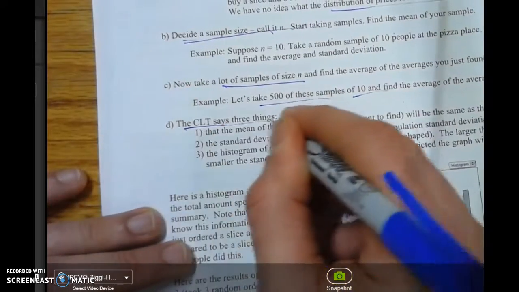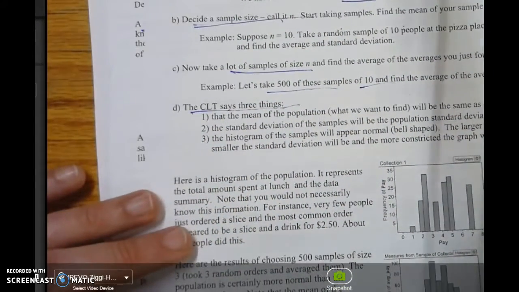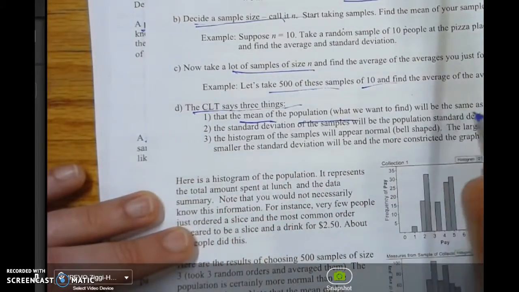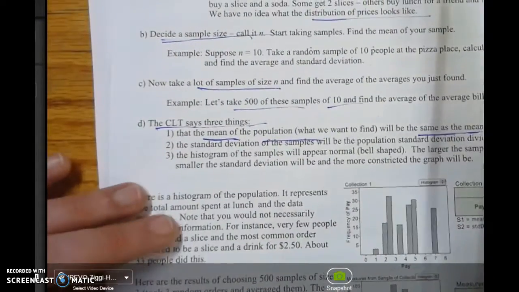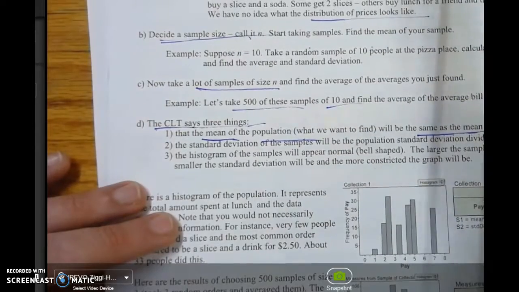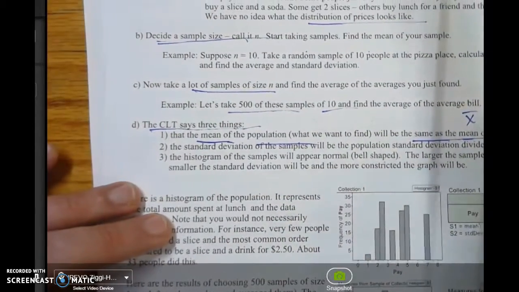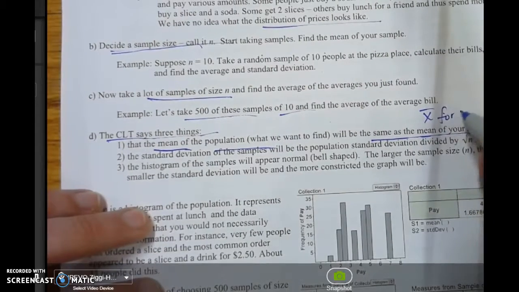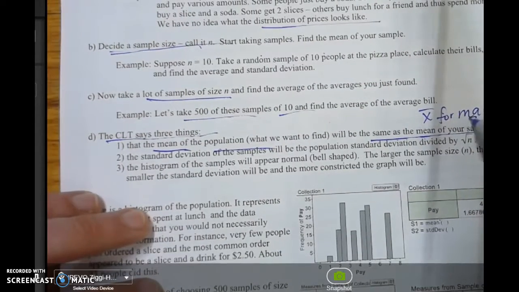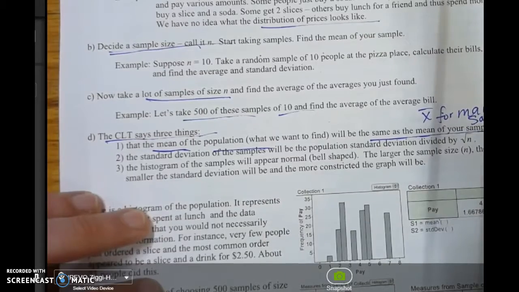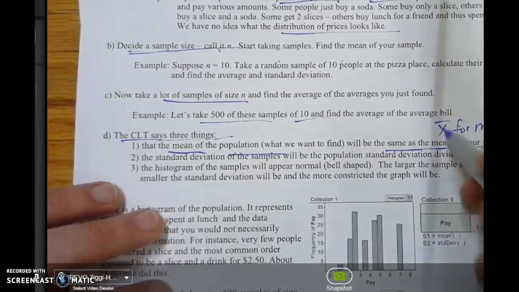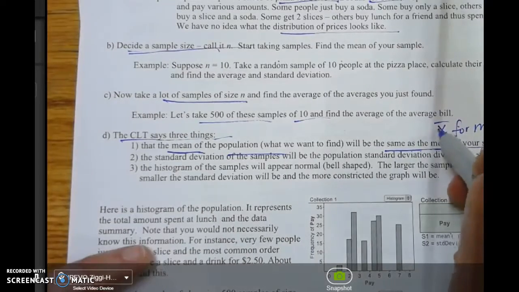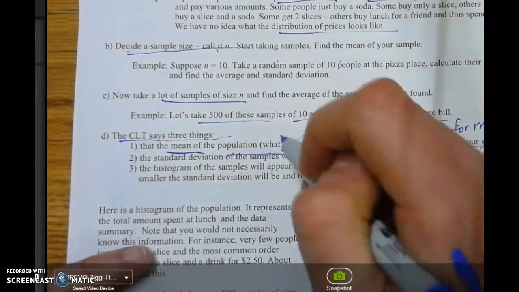So what the central limit theorem tells us, as we said a moment ago, is that the mean of the population is going to be the same as the mean of our samples. So if we take X bar for a sample, and we take many samples, what it tells us is that the average of our averages is going to be really close to the population average of mu.